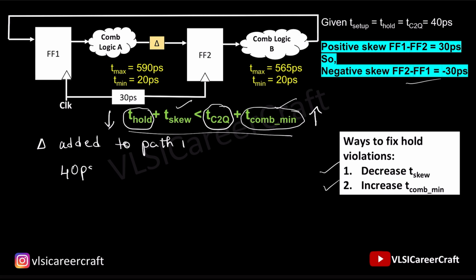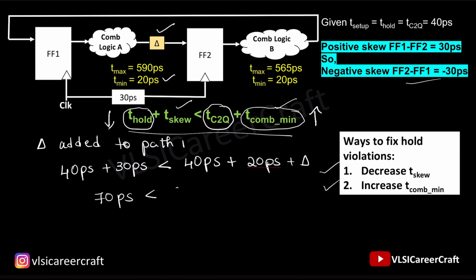T hold is 40 picosecond plus T skew is 30 picosecond, which should be less than T clock to Q, which is 40, and T combinational minimum is 20, and there is additional delay delta. So we need to find what this delta value is. Delta should be greater than 10 picosecond.